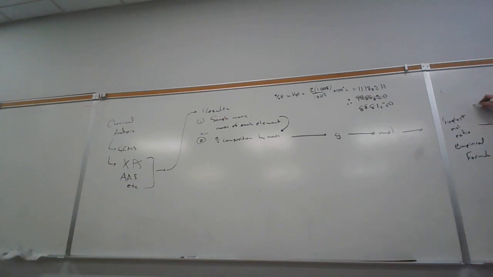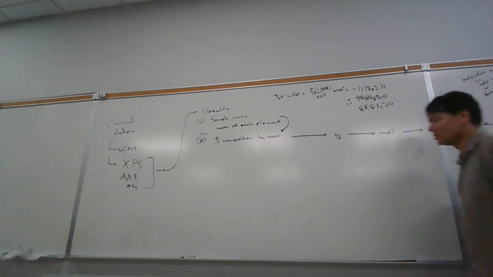But in order to get the molecular formula, I need additional information. The additional information I would need to know would be the molecular mass or molar mass or formula mass. Formula mass works too.